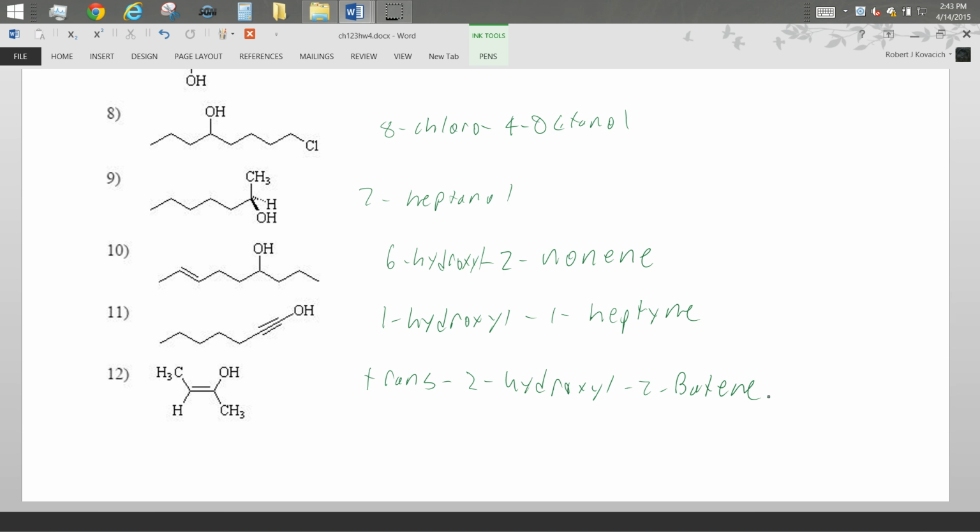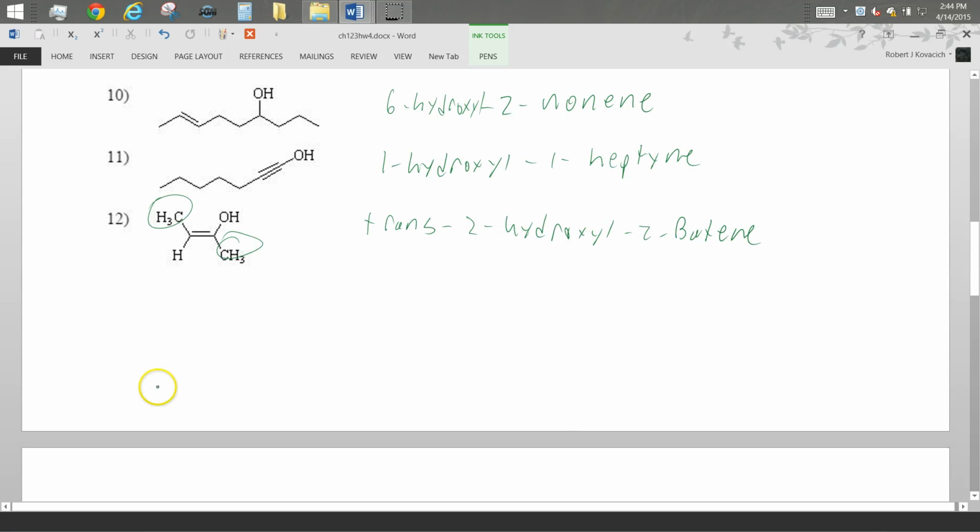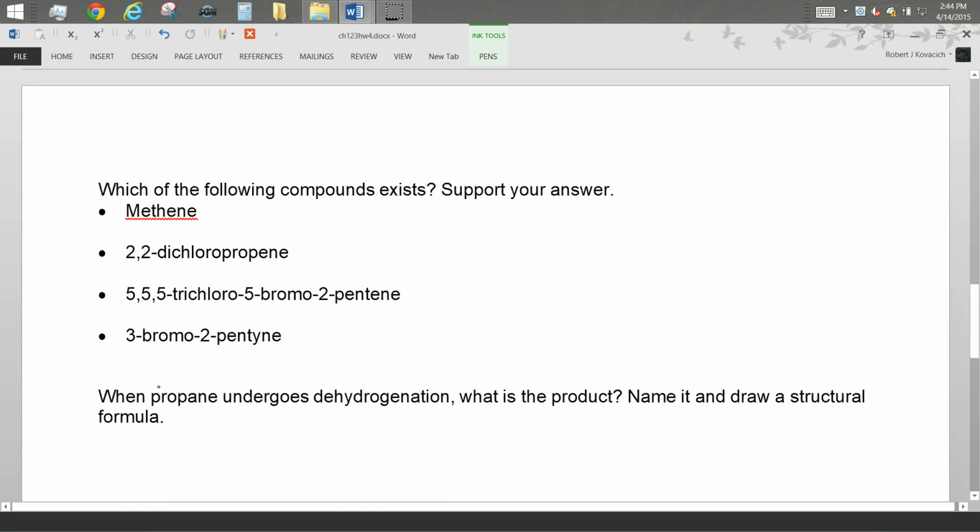First off, does everybody see the trans? Okay. All right, so methene. Yeah, the ene refers to carbon-carbon double bond. There's only 1 carbon here, so only 1 carbon. Can't do that.